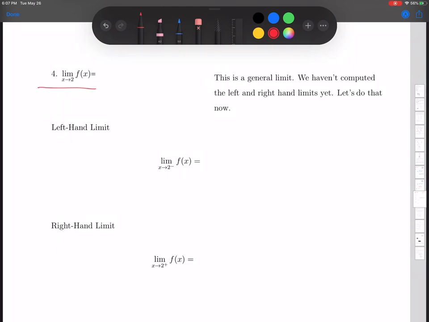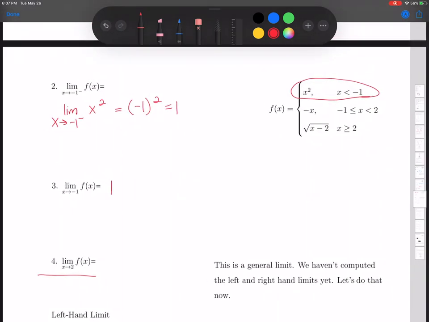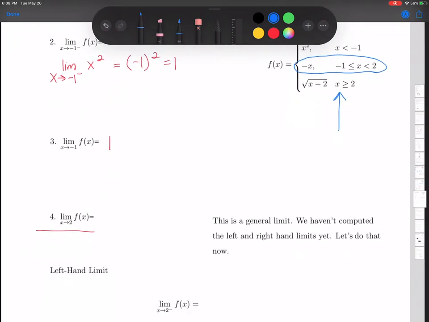We want to look at the limit of f of x as x approaches 2 from the left first. So let's do that. What that means is we'd be choosing numbers that are slightly less than 2. And I think I don't have my function, so let me go ahead and go back up here. We want to circle which one this pertains to. So things that are less than 2, let's circle this in blue. I think that's going to be this one here, right? It's going to be that one there. Greater than 2 would be this one.